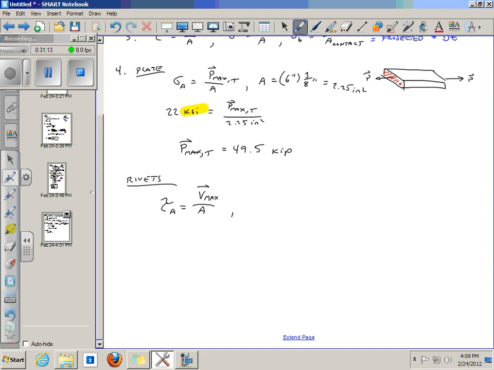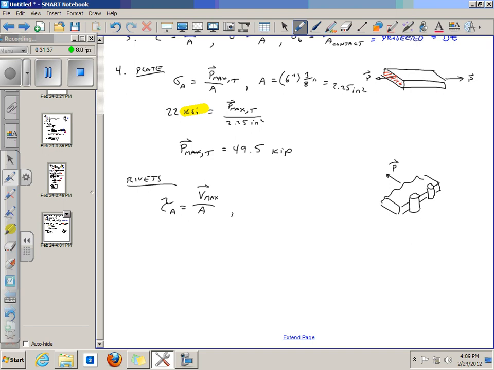Now, if we take a look at, here you go. I'm going to draw them without their heads. There's my two pins. There's the plate that we're applying the force P to.